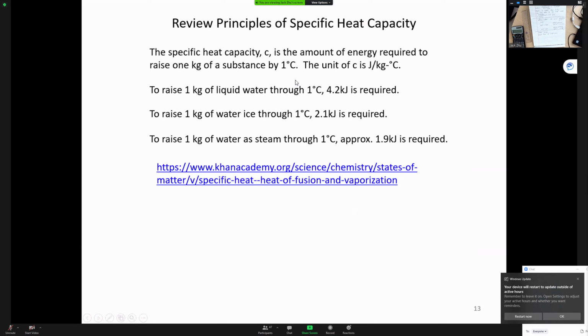Specific heat capacity, that's what we use to do the calculation. For water, we calculate 4.2 kilojoules per kilogram when you increase 1 degree. I think one calculation, yeah, that's the one.